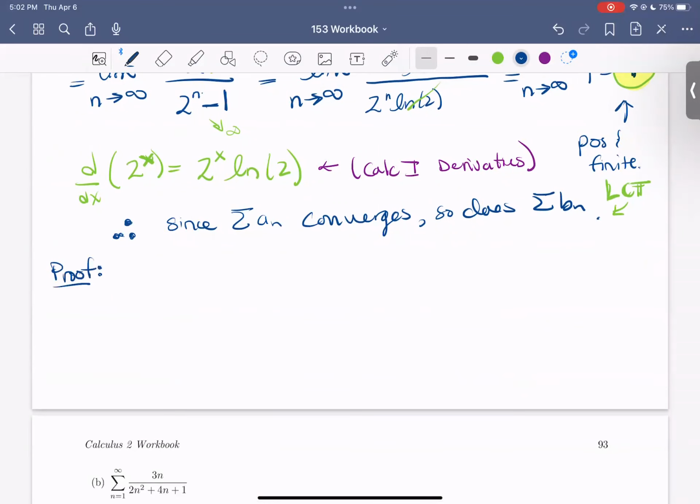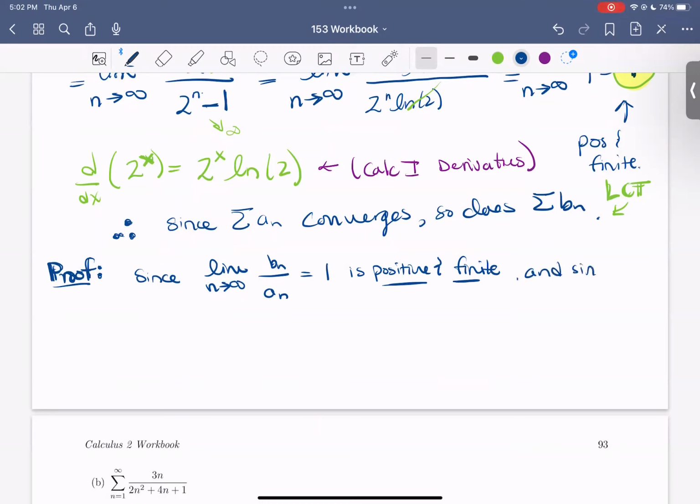All right, so we need to make our conclusion using a nice succinct argument in complete sentences. So we can say, since the limit as n goes to infinity of the b to the n's over the a to the n's is equal to 1, is positive and finite. Very important, needs to be positive and finite.